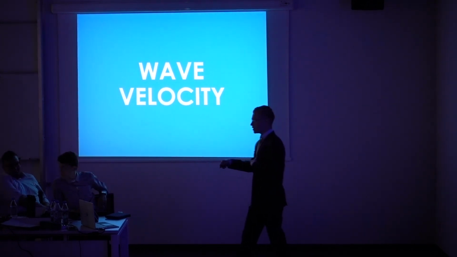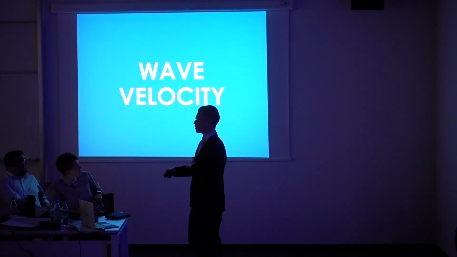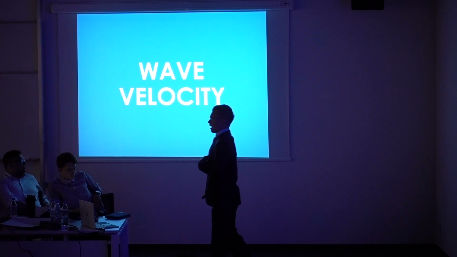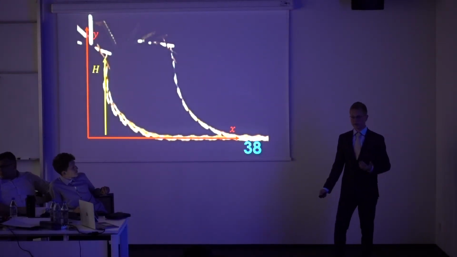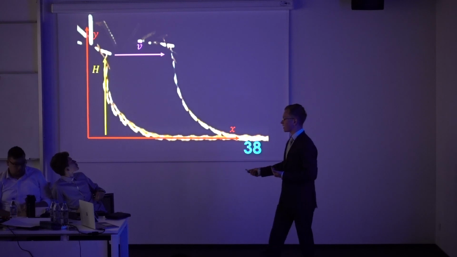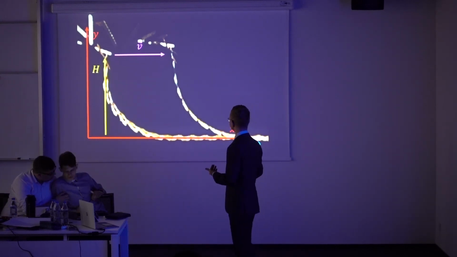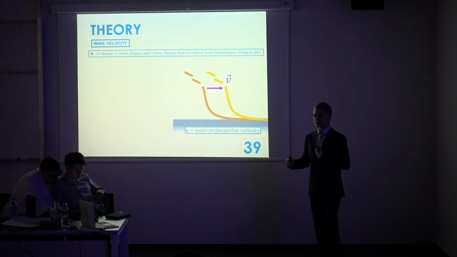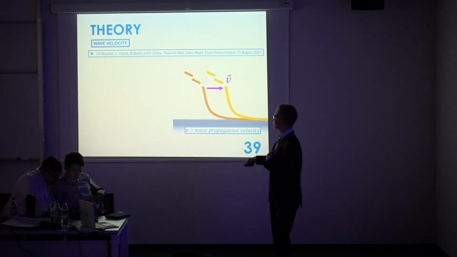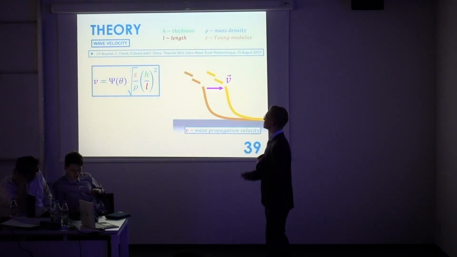The next thing we are concentrating on is the wave velocity. Indeed, the cobra in the steady state travels at a steady velocity. The theory for this is analyzed in the literature, arriving at this formula.